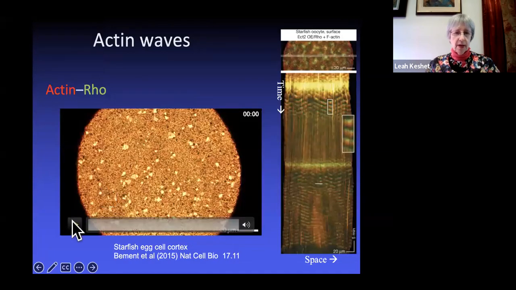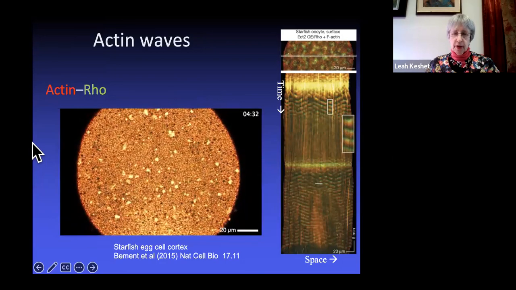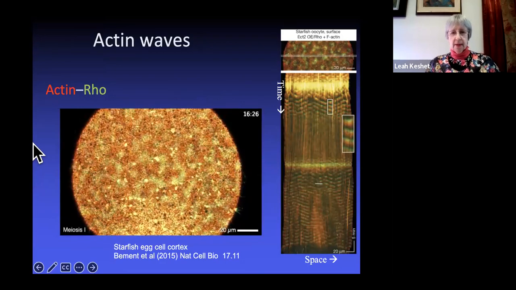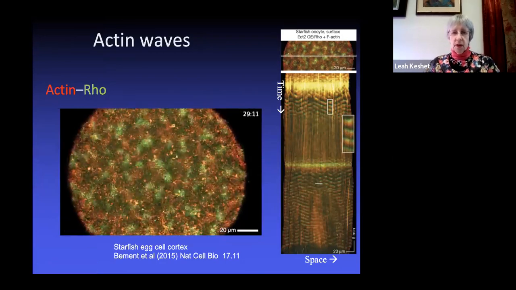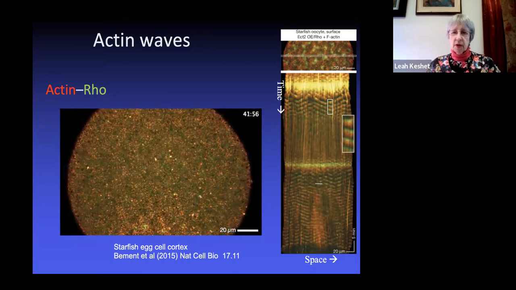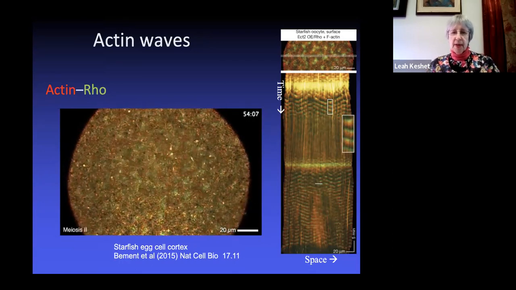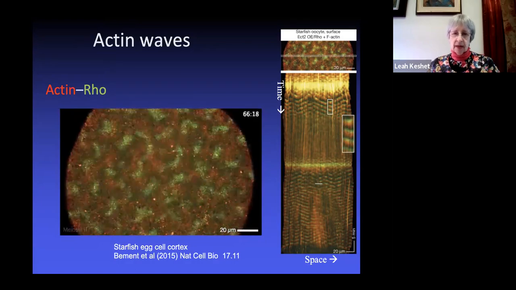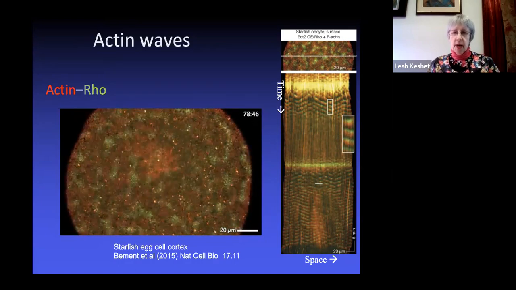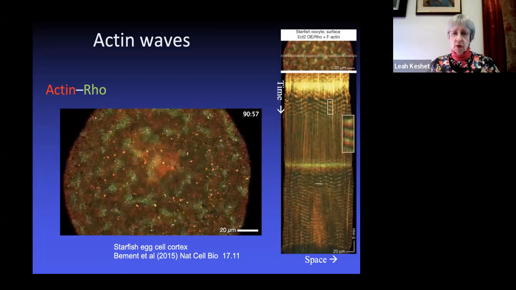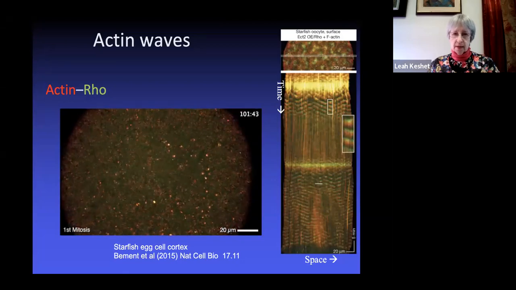Here's another lovely example from real biology, from the work of Bill Bement and George van Dassau, of actin waves in real cells. This happens to be an egg cell of a starfish. Similar kinds of waves also happen in frog eggs.